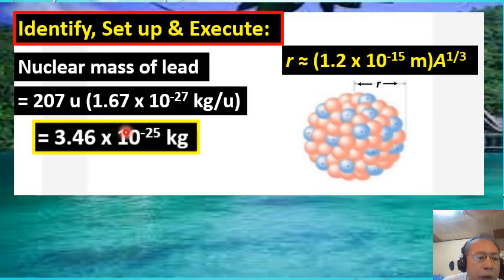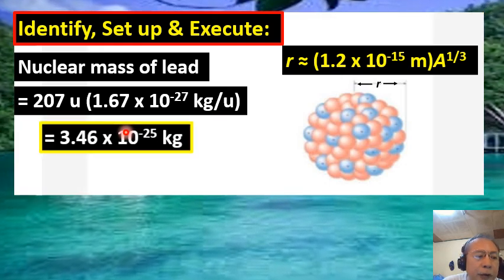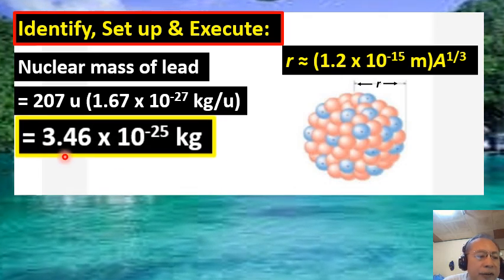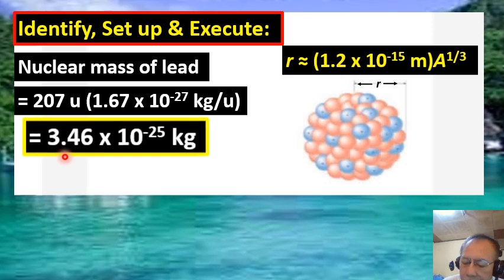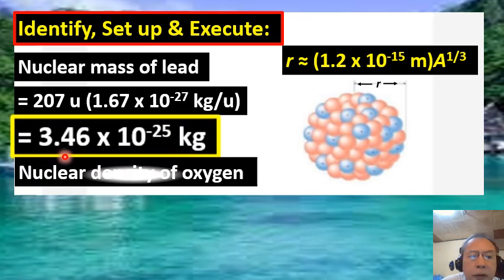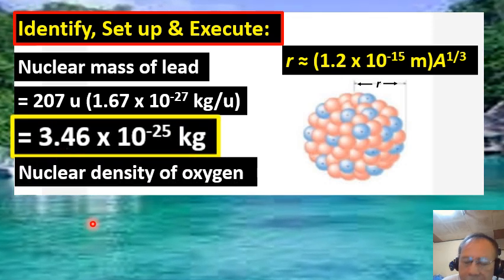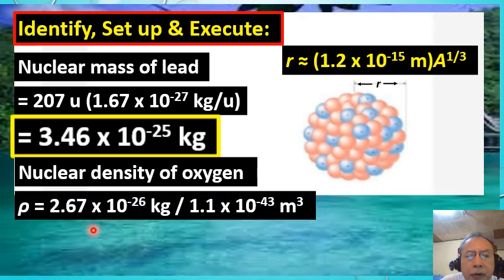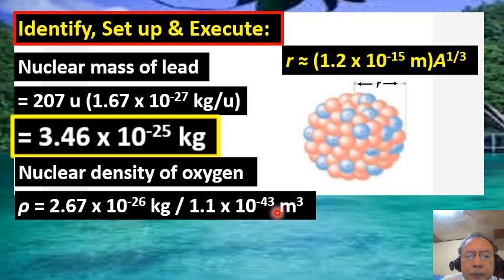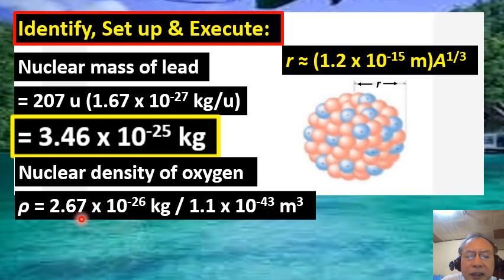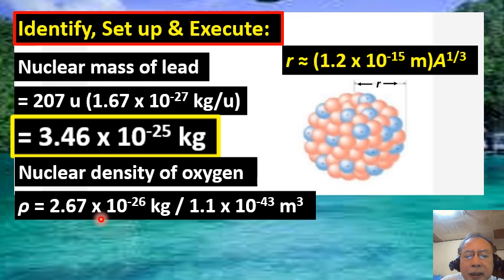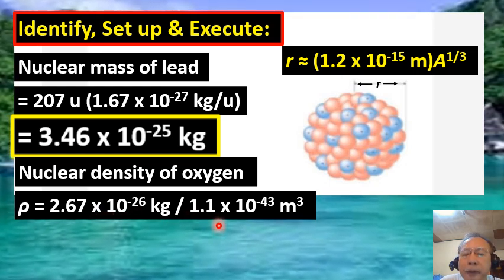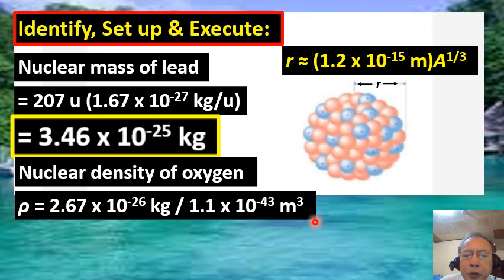And moving on to our computation for the nuclear density, starting with that of oxygen, the nuclear density can just be determined by dividing the nuclear mass by the nuclear volume. So for oxygen, that is 2.67 times 10 to the negative 26 kilogram divided by 1.1 times 10 to the negative 43 meter cube.